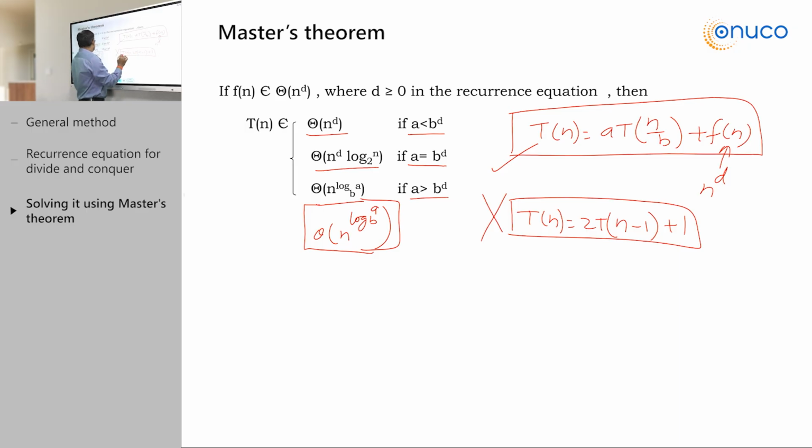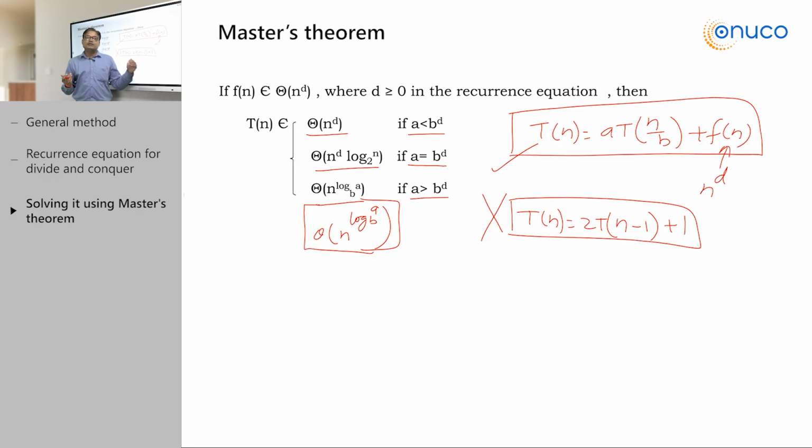So let us see some problems based on Master Theorem. Now you understood what Master Theorem is: it computes the time complexity. Apart from this, there are different methods of finding time complexity. One is the substitution method, also called backward substitution method.